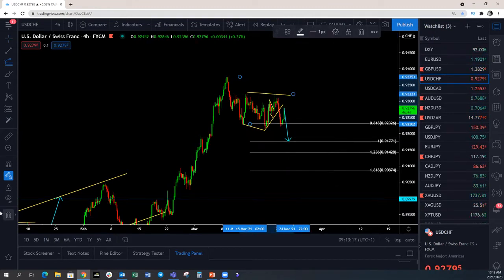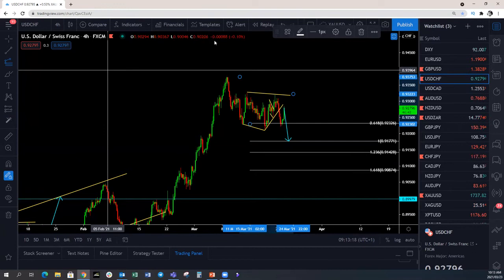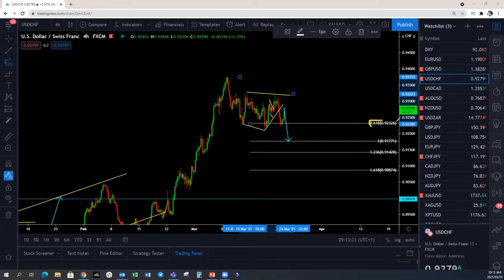So that is where we expect this to go. These are the 0.618, as you can see. That's where we have bounced. Are we going to start making a move to the downside into the blue box?